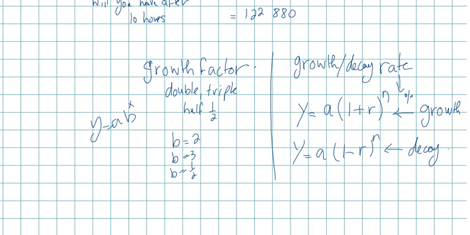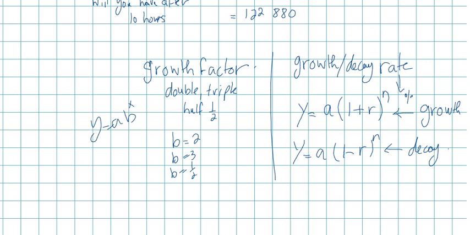Always remember that the rate has to be in decimal, not percentage. So if the bank gives you 3%, you have to plug in 0.03 for r. Or if you're losing 15% of your car value every year, that's going to be 0.15. So you have to change the percentage into a decimal by dividing by 100.